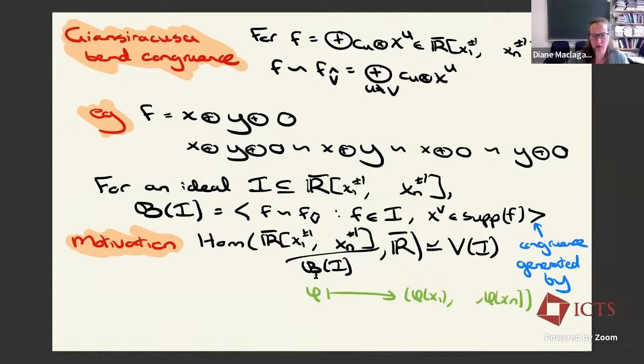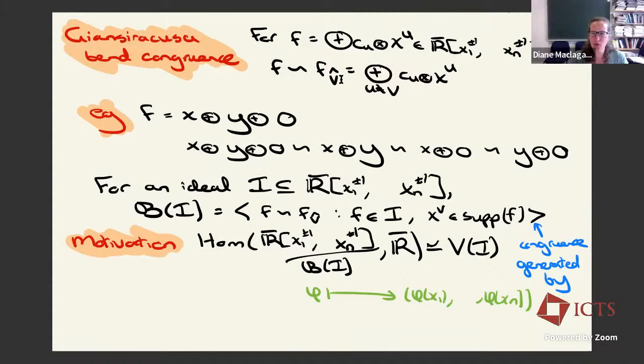In what sense? A homomorphism from this quotient is defined by the values I give to x1 up to xn. Saying that we've quotiented by this congruence is exactly saying that I have to send f and f to the v hat to the same place.